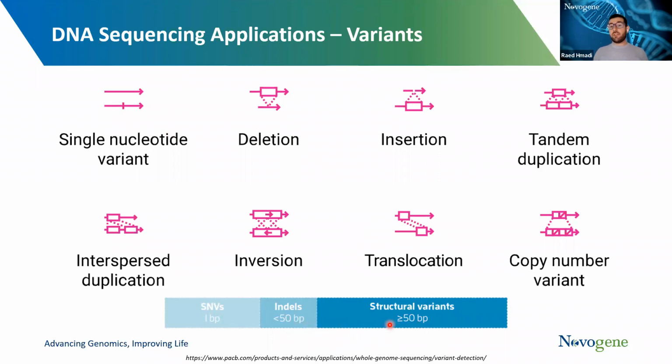Any variations that affect more than 50 base pairs at once are considered to be structural variants, and these include tandem duplication, interspersed duplication, inversion, translocation, and copy number variant.